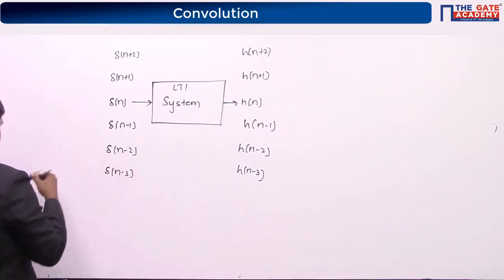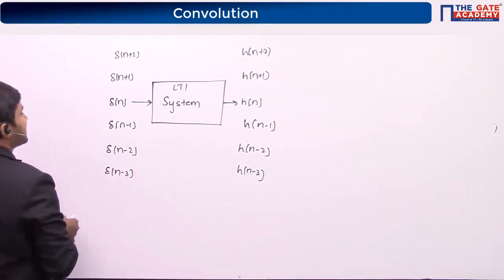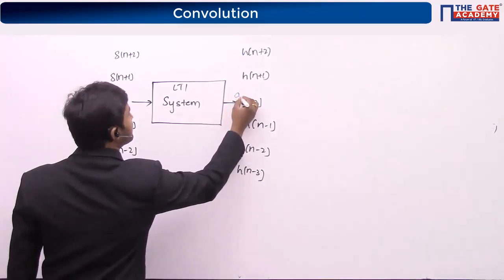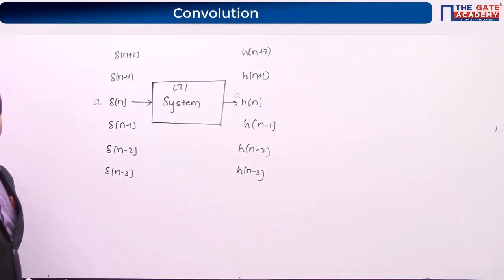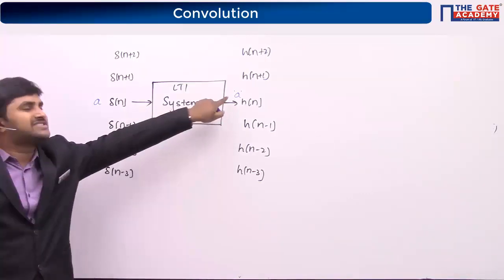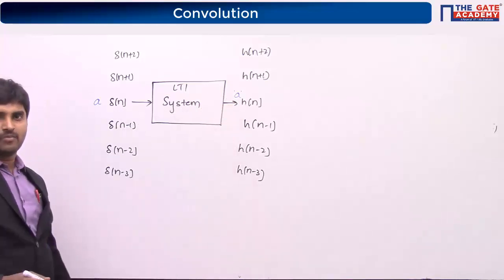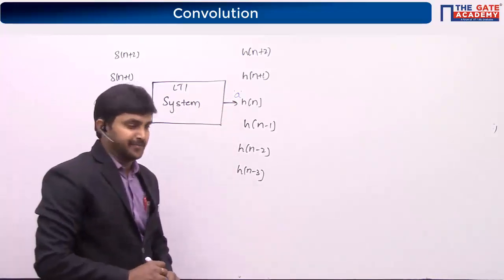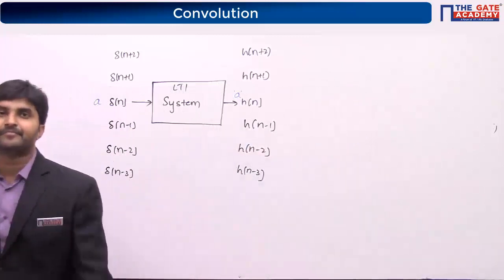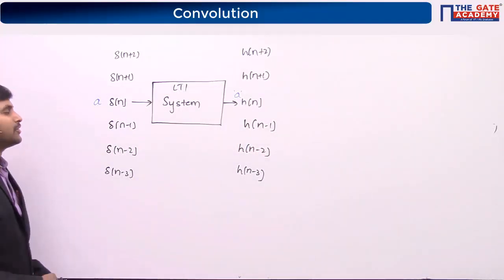If I multiply, let us say A, can I have the same A here? If I multiply A over here, can I have the same A over here? Why? Very good, because of the linear property.